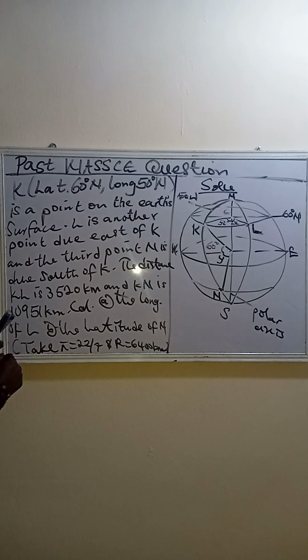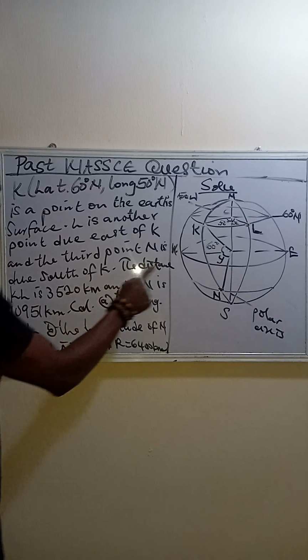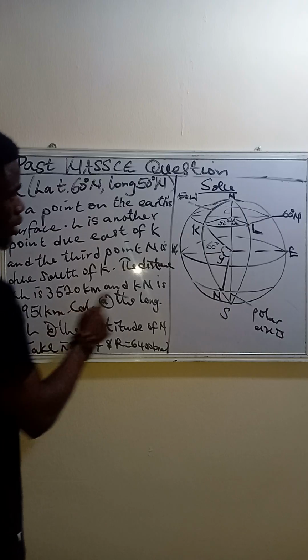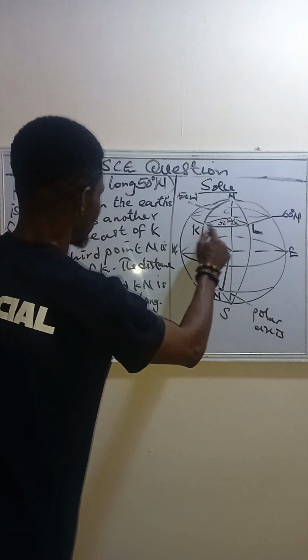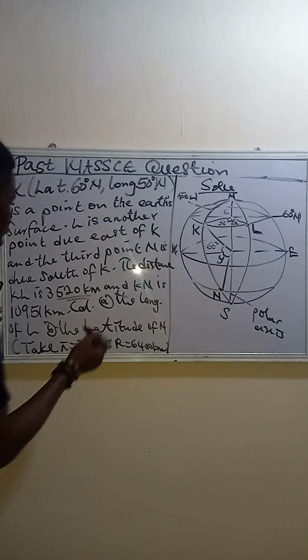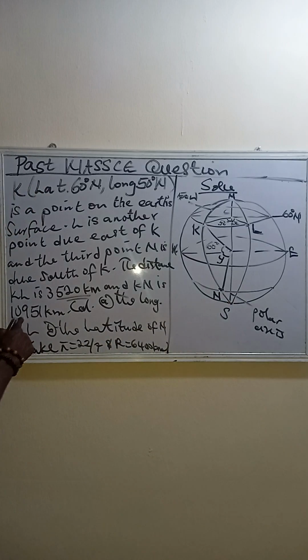Now, the question to be considered: N is due south of K. Then the distance between K and N is 3,520 kilometers. And KL is 10,951 kilometers.